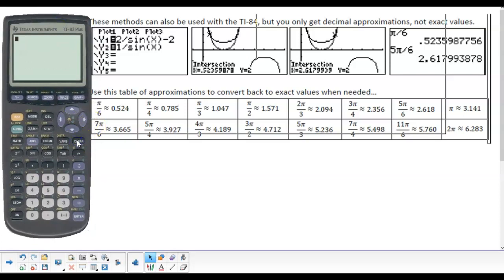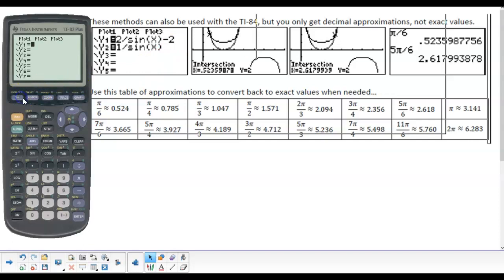And you'll notice there's a button here for sine, cosine, and tangent, and we don't have any buttons for the cosecant, which is what we need here to type in 2 cosecant of x minus 2 using the intersection method.